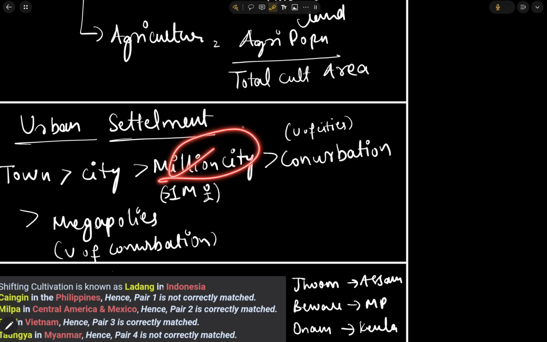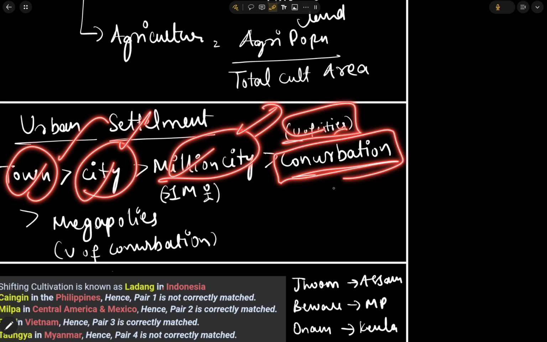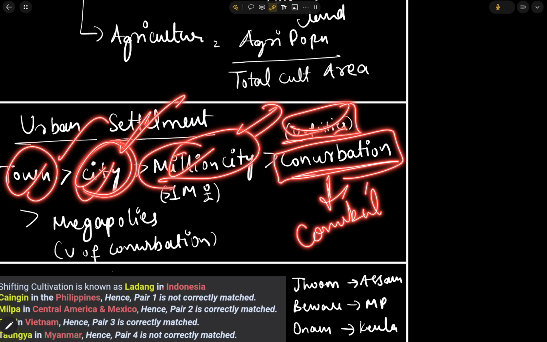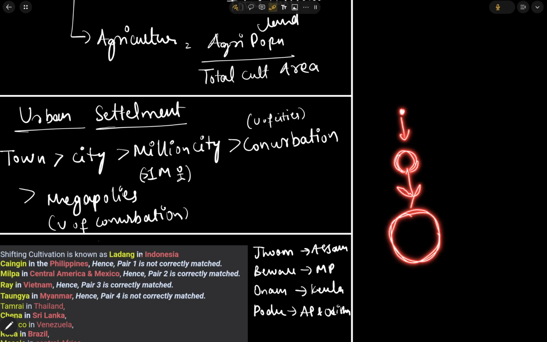And the union of million cities or towns is known as the conurbation. Just remember this: conurbation is the union of these, meaning it includes cities and also various million cities. For example, let's consider this is a town, and next we have the city. Next we have the million city, where the population is greater than a million.